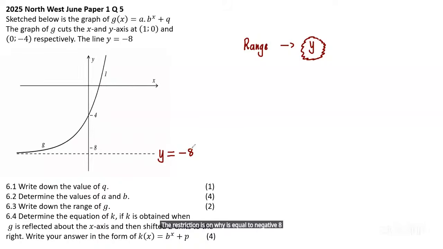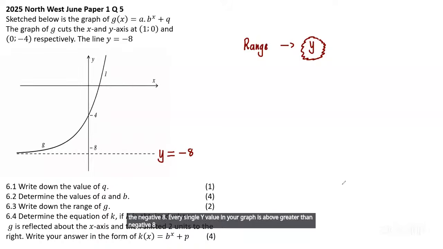That's your asymptote. This means the graph does not go below -8. Actually, your graph is above y values of -8. Every single y value in your graph is greater than -8.